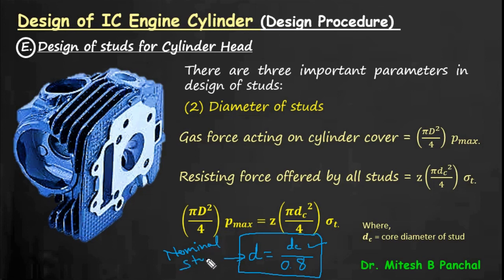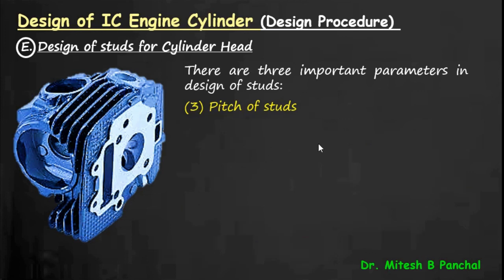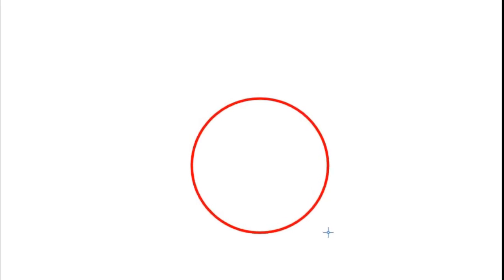Now, the pitch of the stud. First we will try to understand what the pitch of the stud is. For that, consider that this is the outside diameter of the cylinder head. Consider the top view of the cylinder head, and the positions of the studs over here.